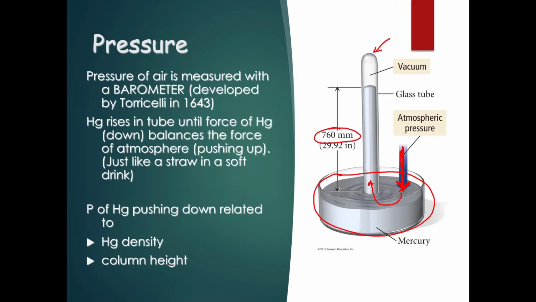That's how high this mercury will travel up into this tube. So we say that atmospheric pressure is 760 millimeters of mercury because it's literally how high into this tube the mercury will travel when it's experiencing atmospheric pressure.